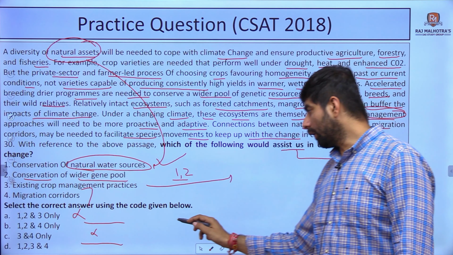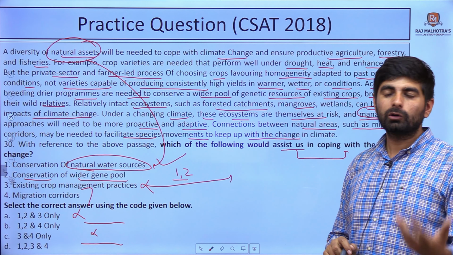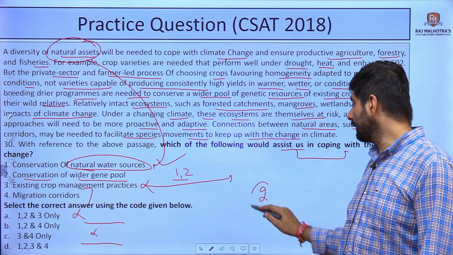Clear? So this option will be incorrect. This option will be incorrect. What will be the correct option? Second, 1, 2 and 4.